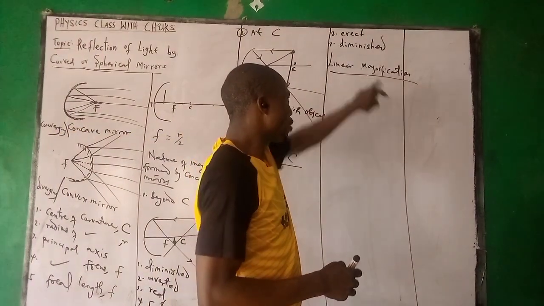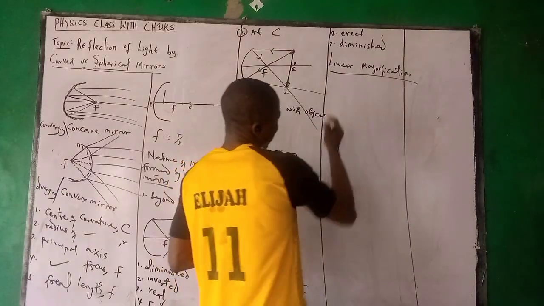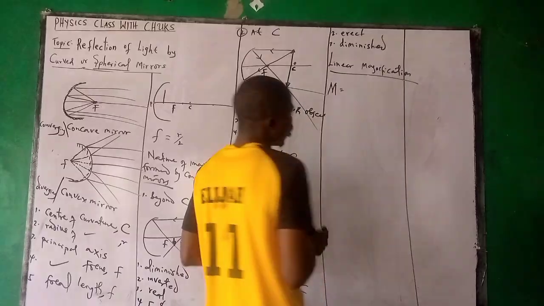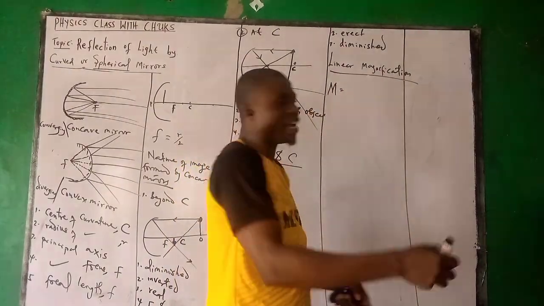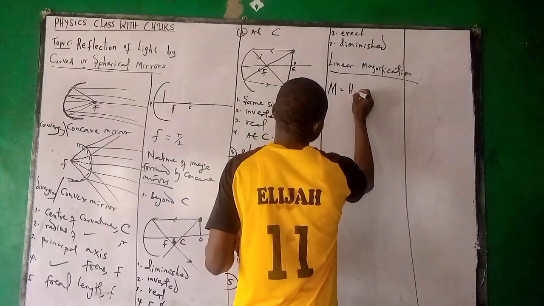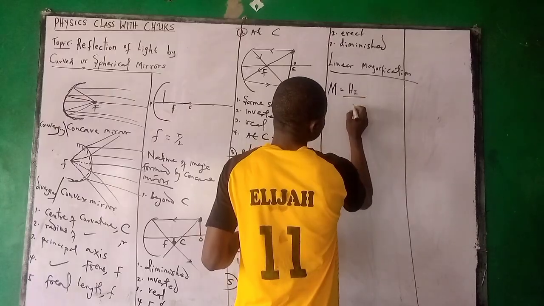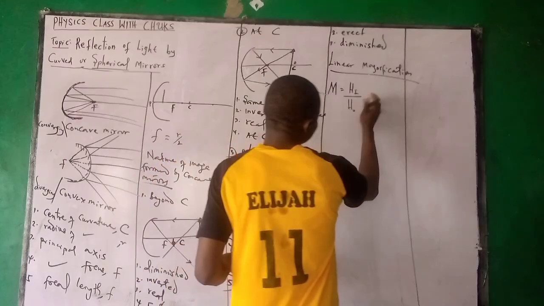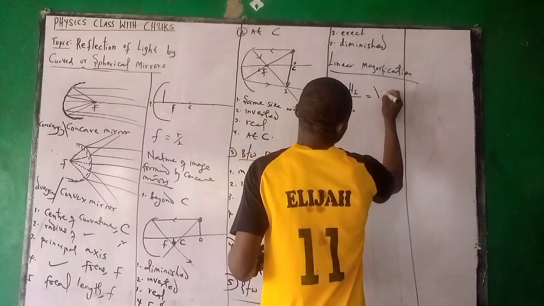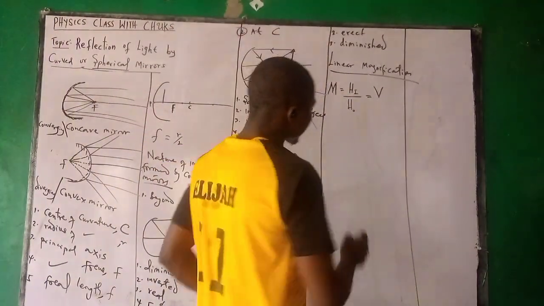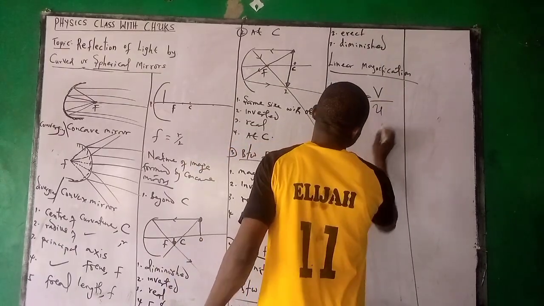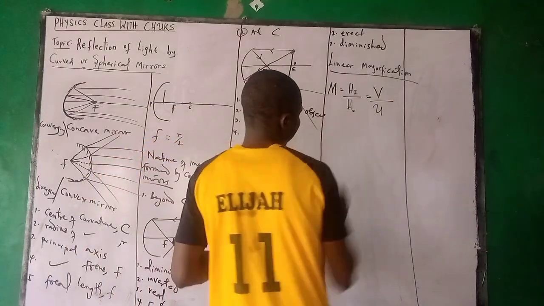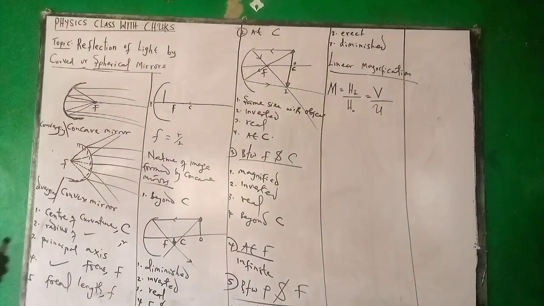Mathematically, magnification is expressed as the ratio of image height to object height, and you can also define it as the ratio of image distance, for which we use V, to object distance, for which we use U. This is the formula I'm going to use to calculate the linear magnification.